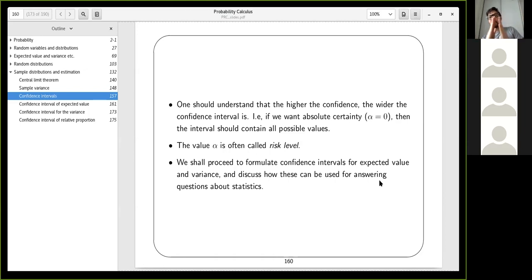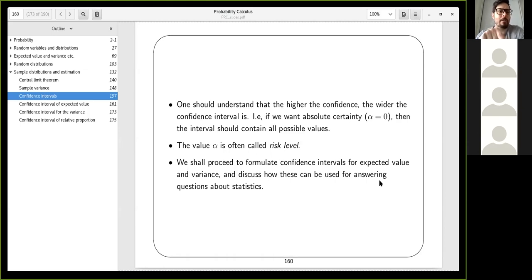Or you can say something very, very inaccurate and you are very likely to be correct. This is like an equivalent to the uncertainty principle. This alpha is often called the risk level. So if we want risk level 0, that's a risk of being wrong, if you will.